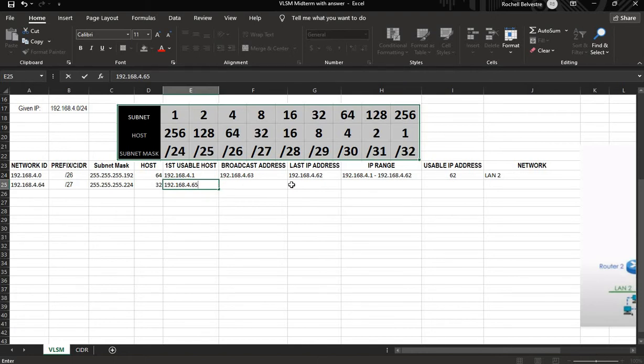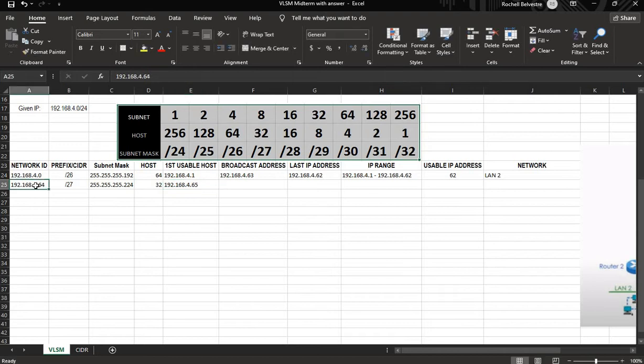Now you're going to do the addition: 192.168.4.64 plus 32. So 64 plus 32 equals 96. So this will become 192.168.4.96.